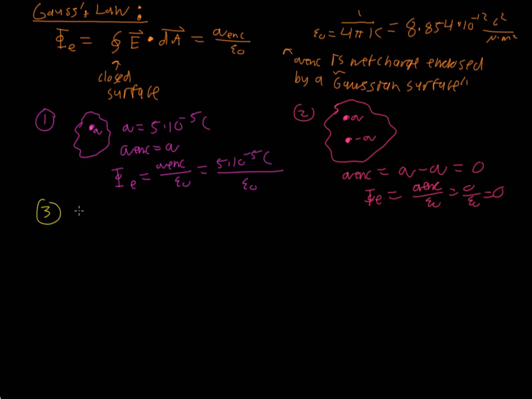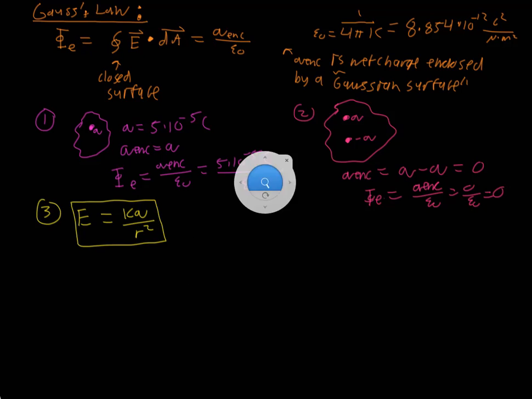So we said that the magnitude of the electric field, we can draw the absolute value bars and the vector sign over it, or we can just write it like this, just as the variable. So E equals kq over r squared. We said that this was the equation for the magnitude of the electric field due to some point charge, where q is the magnitude of its charge, k is Coulomb's constant of 9 times 10 to the ninth, and r squared, with r being the distance from that point charge.